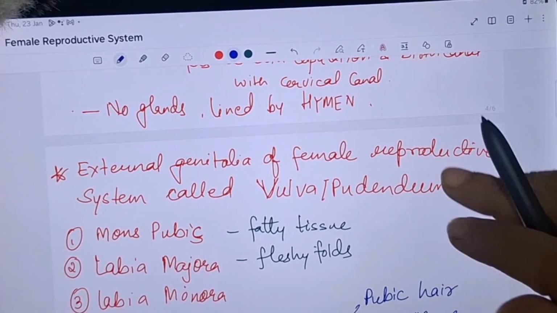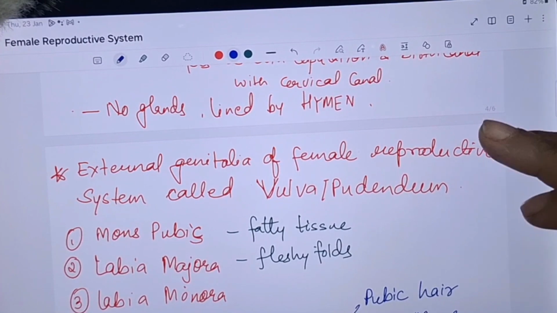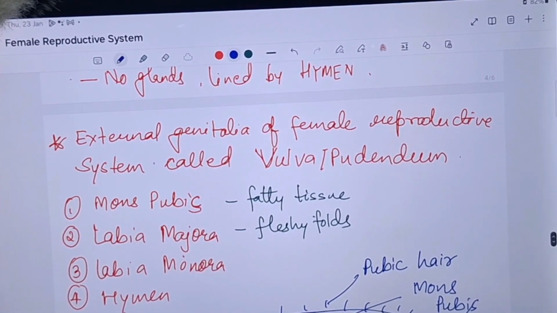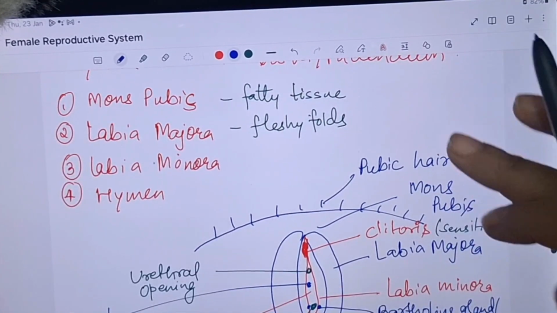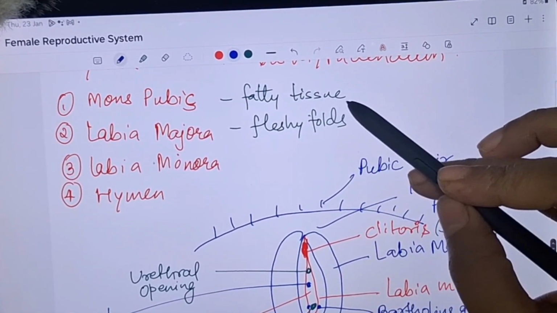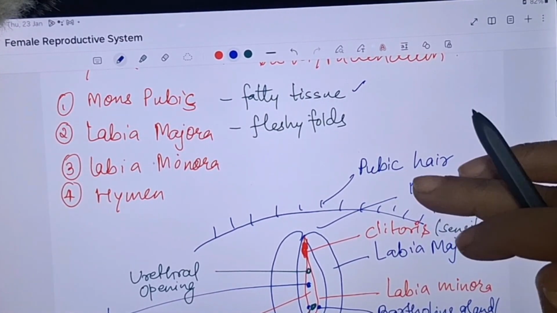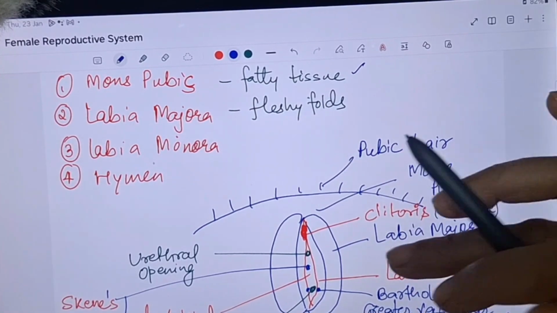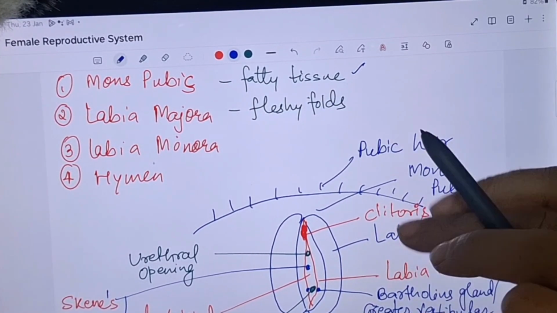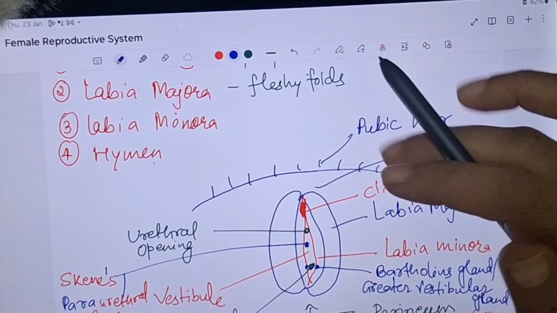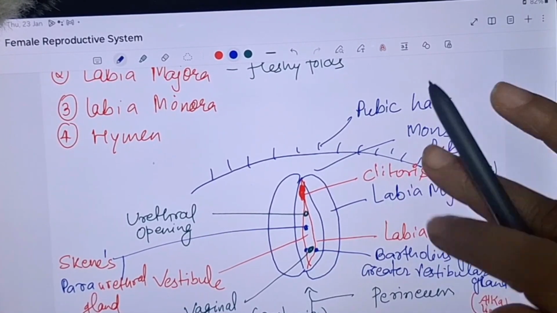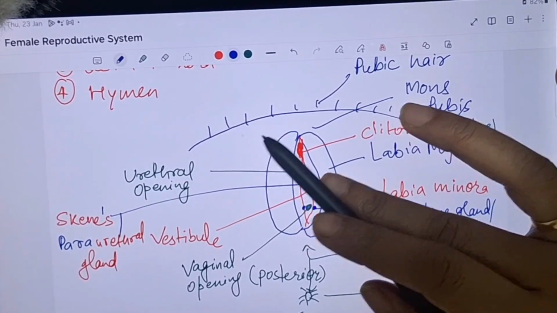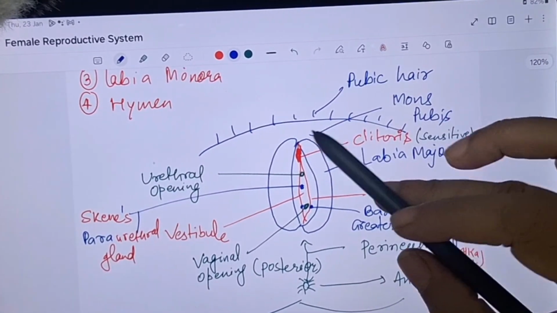The external genitalia of the female reproductive system, also called the vulva, has different parts. The mons pubis, which is fatty, and the labia majora and labia minora, which are fleshy folds, and it is protected by the hymen. So this is the structure which you can see.